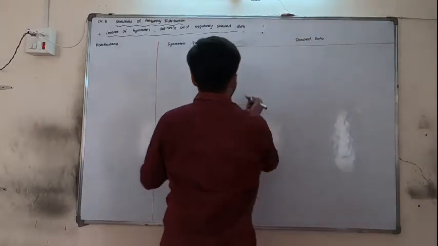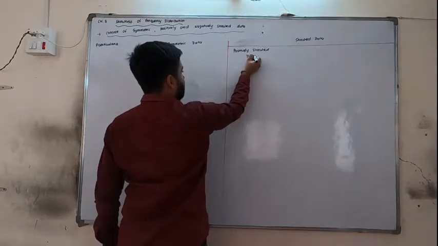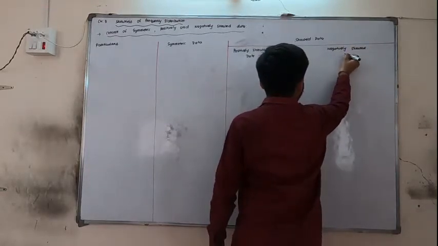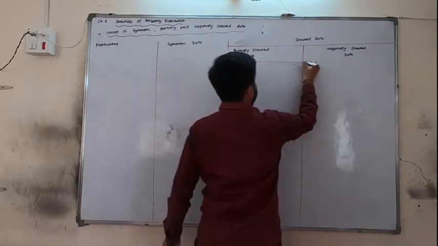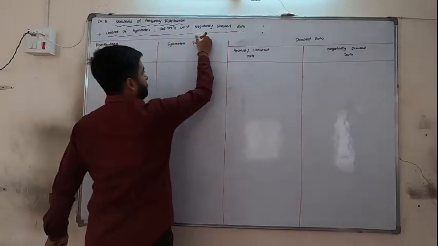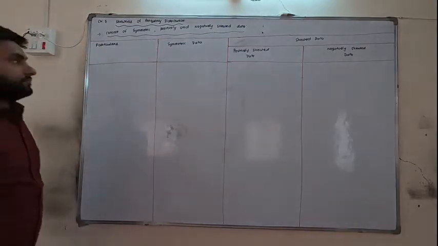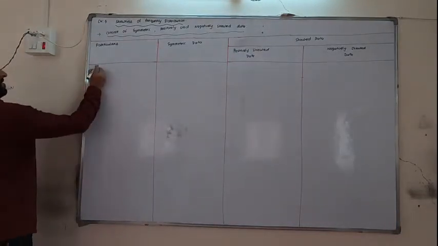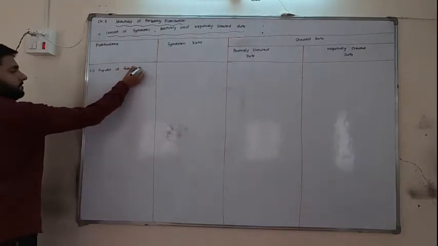Now in the skewed data, positively skewed data and negatively skewed data. Number 1, figure of frequency curve.